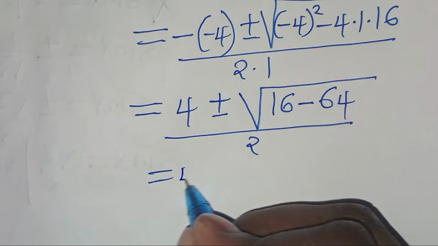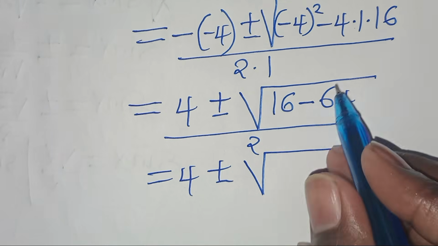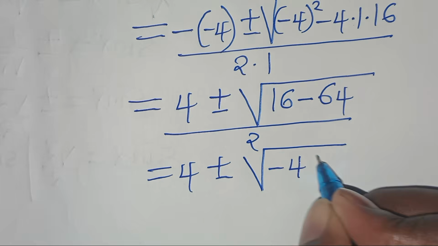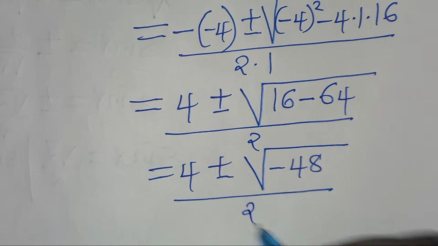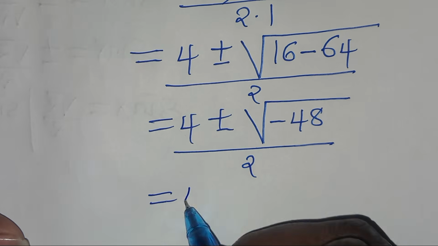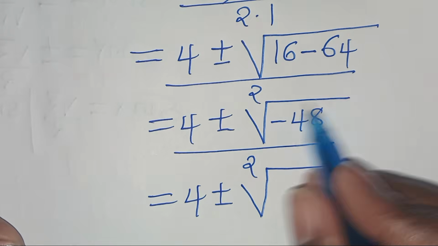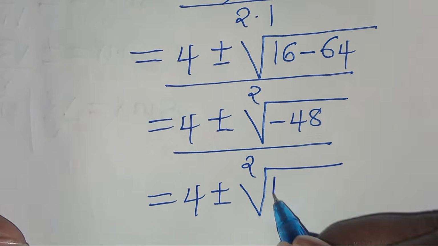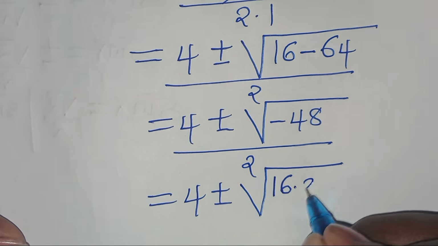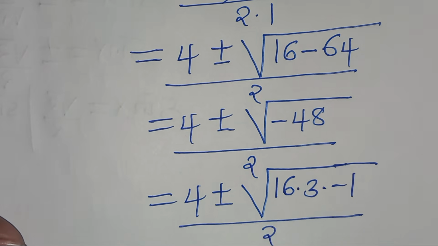So this is 4 plus or minus the square root of 16 minus 64, this is negative 48, divided by 2. Now we have 4 plus or minus, we can express the square root of negative 48 as 16 multiplied by 3 multiplied by negative 1, divided by 2.